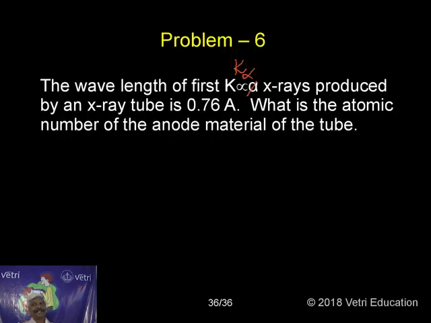In the Coolidge tube, the target material is always surrounded by cold water, which is circulated. From this we can find the value of Z, and once we know Z, we can find the atomic number of the particular element.